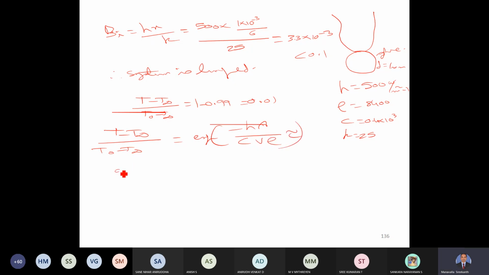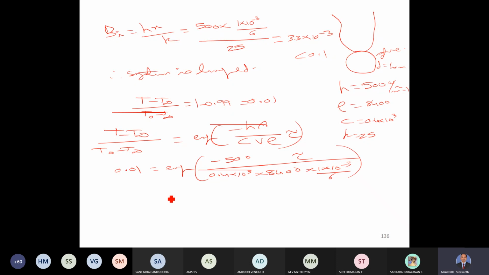The left hand side is 0.01 and the right hand side is exponent of minus 500 by Cp, which is 0.4 into 10 power 3, multiplied by density 8,400 and A by V, the characteristic length, which is 1 into 10 power minus 3 divided by 6, and tau.